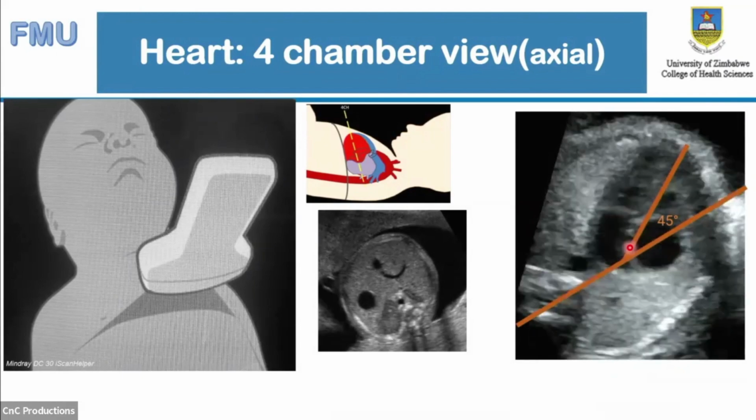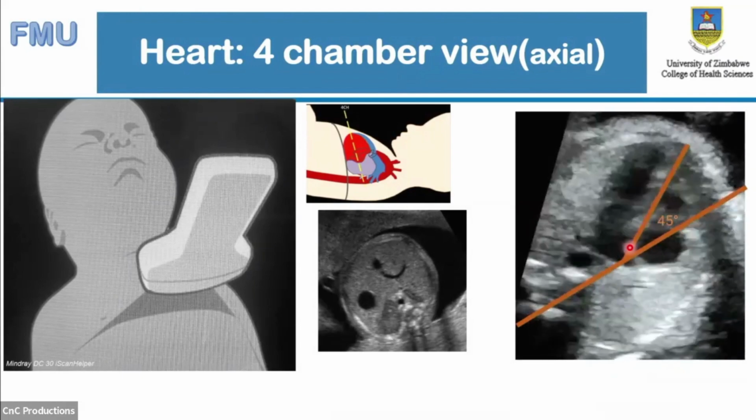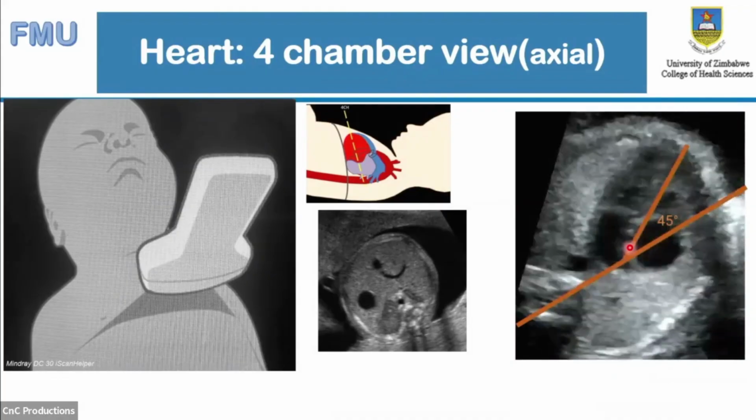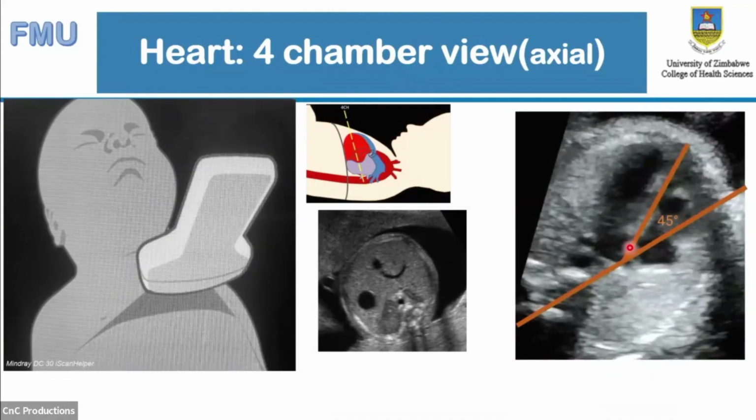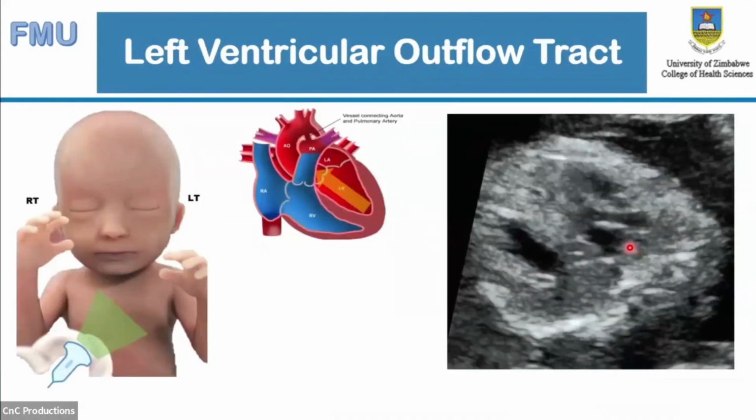But on this image, we can't assess the aorta. Neither can we assess the aortic valve, nor the main pulmonary trunk and the pulmonary valve. So we have to go on and do the left ventricular outflow tract and the right ventricular outflow tract to assess those regions.